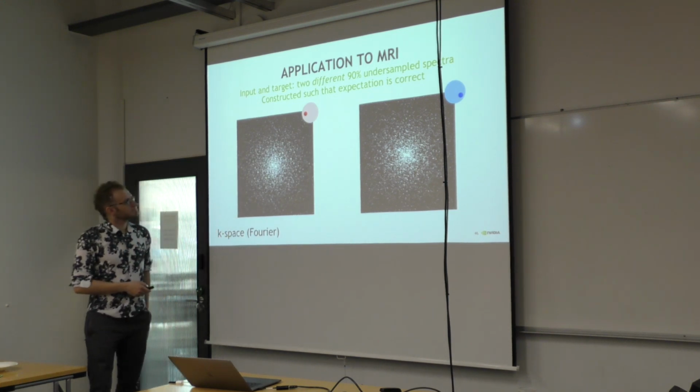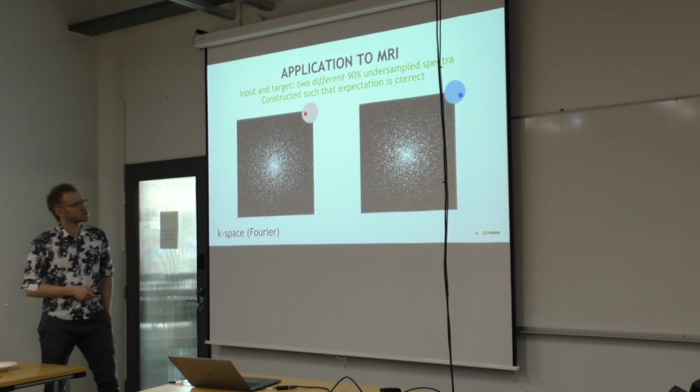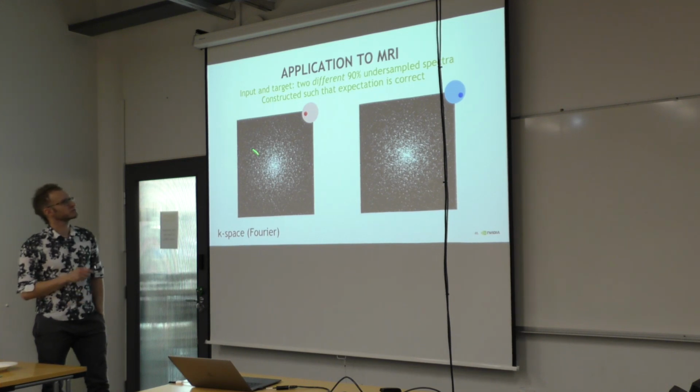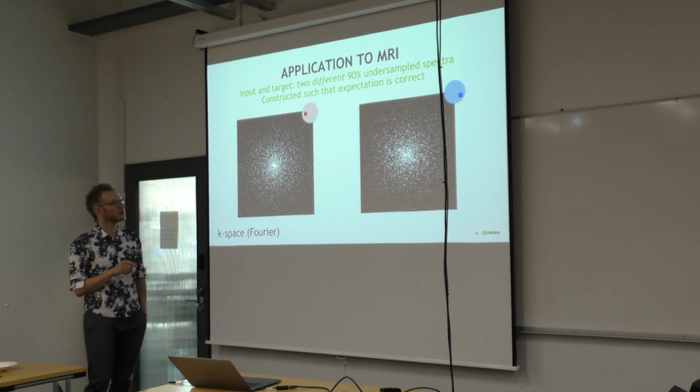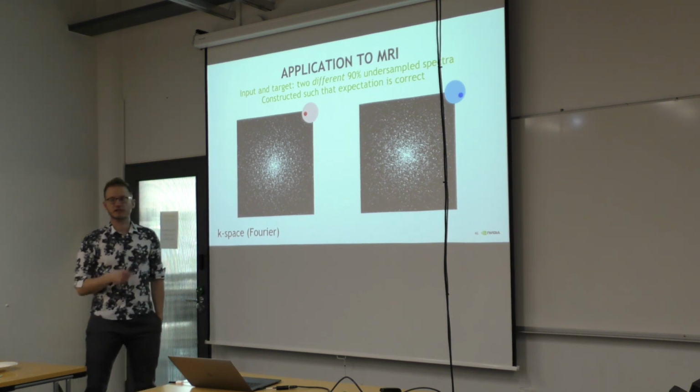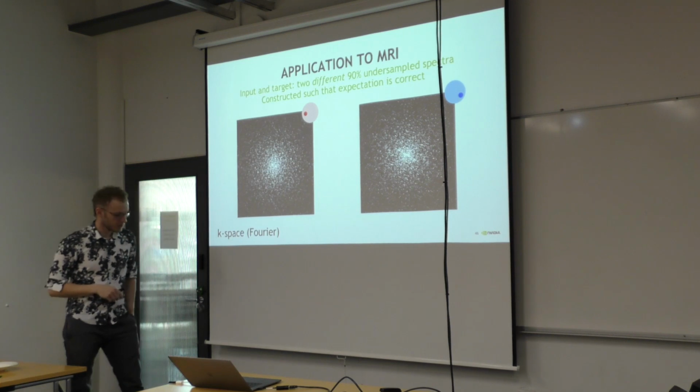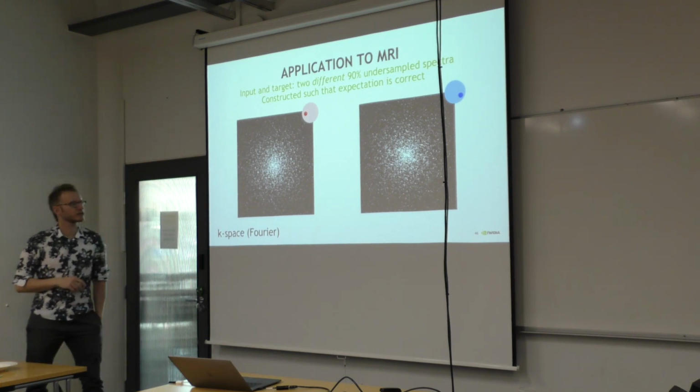And so now, what we've done here so far in simulation is this is a 2D frequency plot. So the DC term is in the middle. I assume you all know what the Fourier transform is.